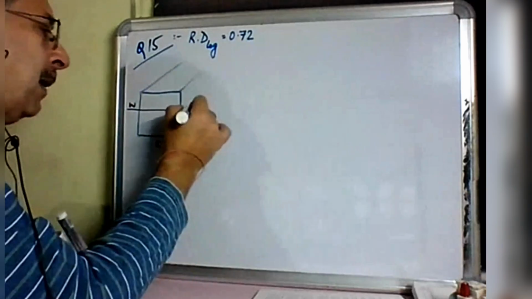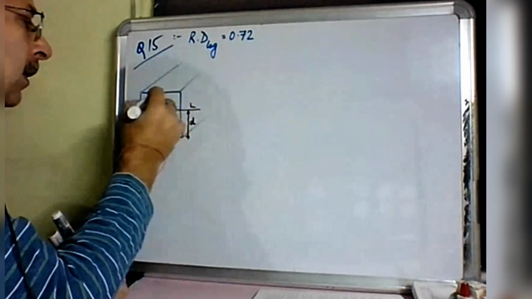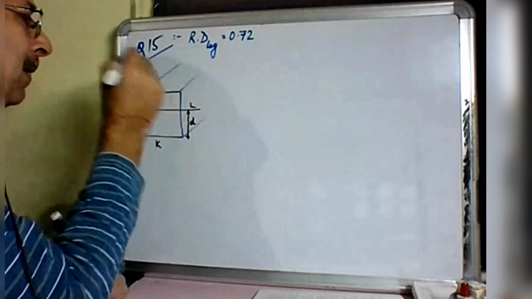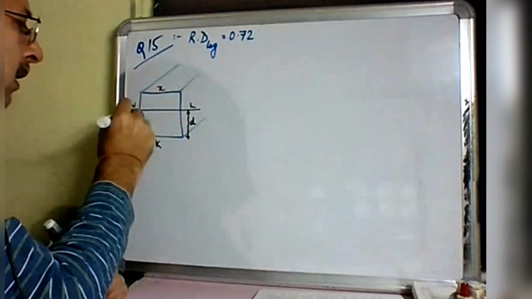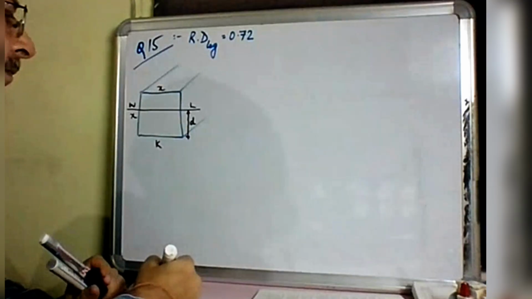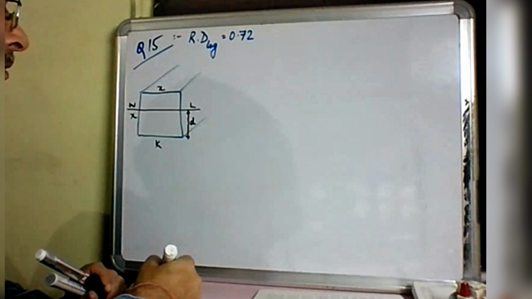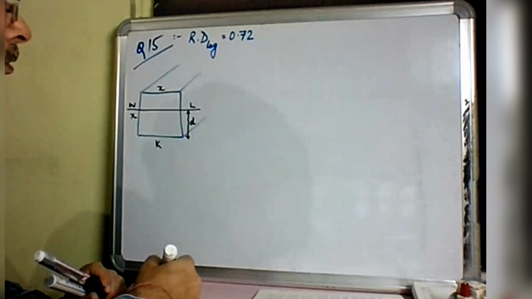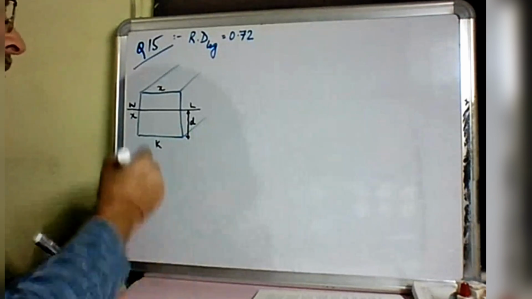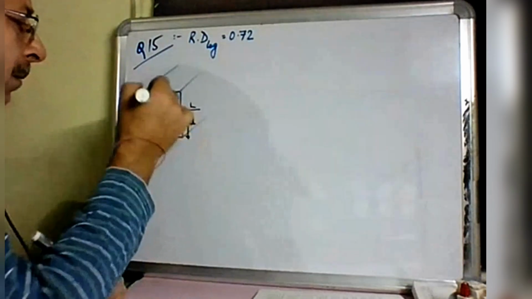So let the draft be delta. Let one side of the square be x. So then the other side of the square is also x. So this is B, and this is KB.